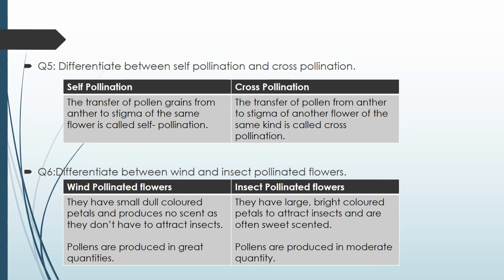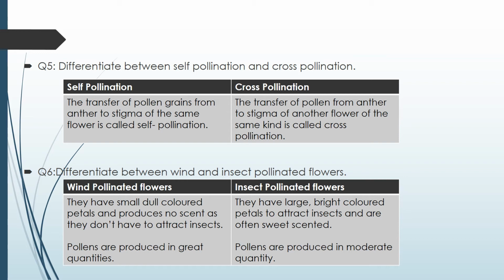Question number 6. Differentiate between wind and insect pollinated flowers. You will make 2 columns. Wind pollinated flowers have small dull colored petals and produce no scent as they don't have to attract insects. Pollens are produced in great quantity.